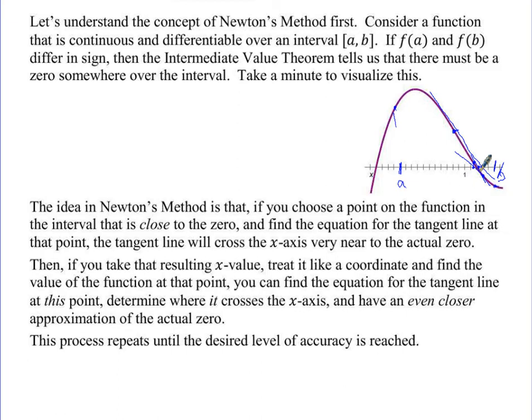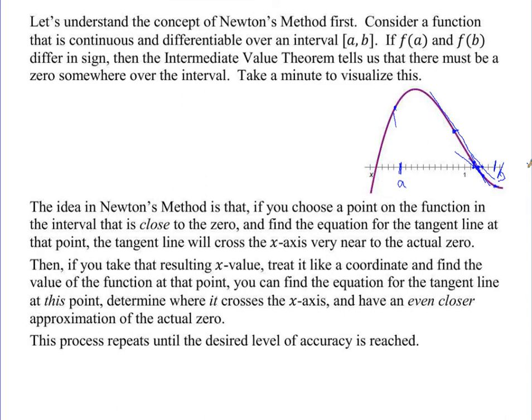Just repeat that process. Plug that x-coordinate for the x-intercept from that tangent line in, get a new ordered pair, create your new tangent line, and we can just get closer and closer and closer until eventually we're so close that we can actually say that we've approximated that zero.